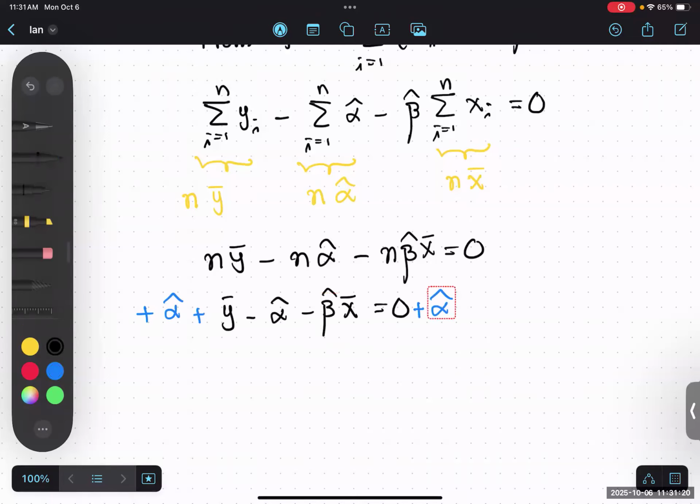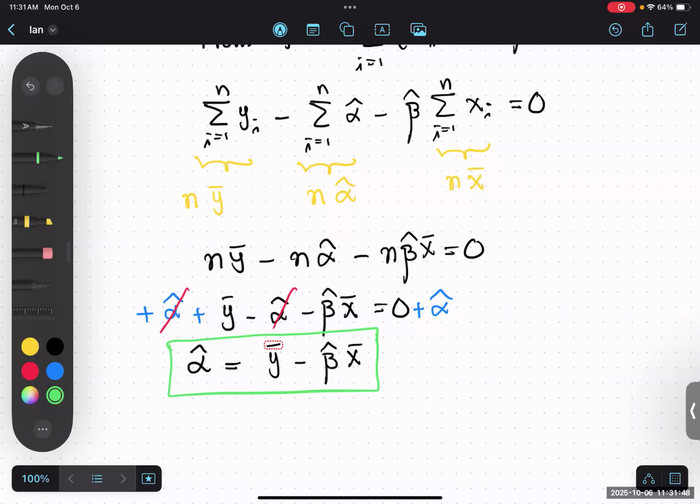And by doing so, I will get rid of this alpha. And I'm gonna put the right-hand side as the left-hand side. And this will be alpha hat equals y bar minus beta hat times x bar, which is exactly the expression that we wanted to find, no?